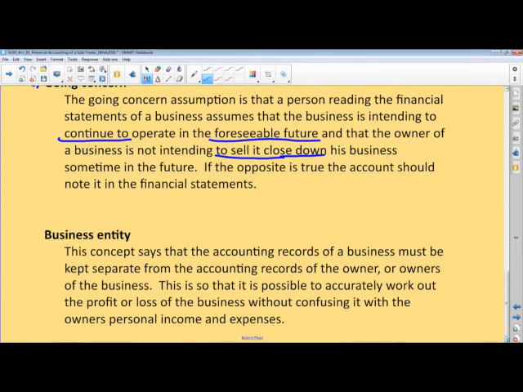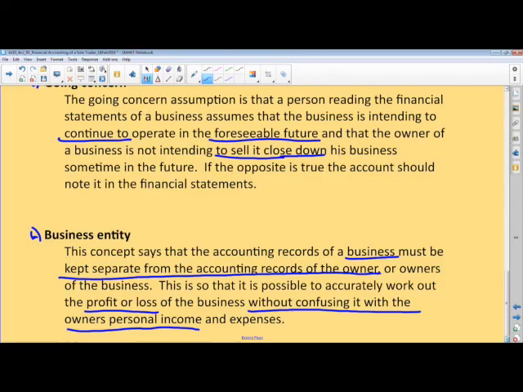We have the business entity. This concept says that accounting records of a business must be kept separate from the accounting records of the owner. So all owners of the business. This is so that it is possible to accurately work out the profit and loss of the business without confusing it with the owner's personal income or expenses.